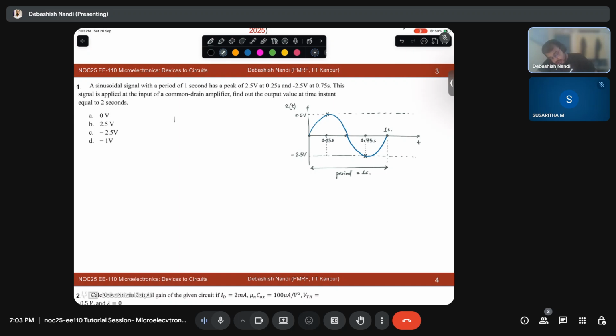So basically, let's say this is a common drain amplifier. You have this x(t). You need to find out y(t) at t equal to 2 seconds. So any idea how you proceed for this?